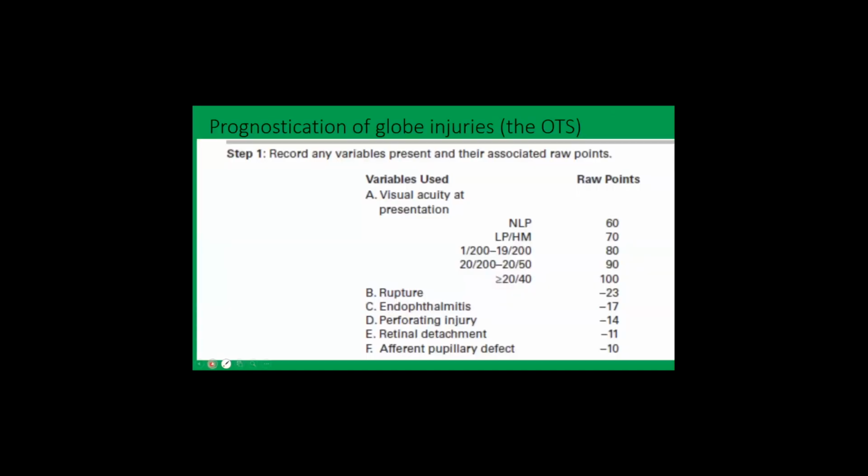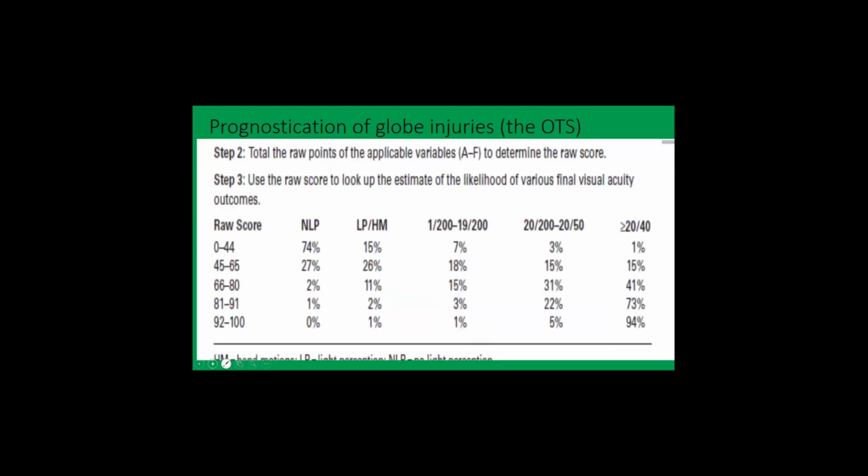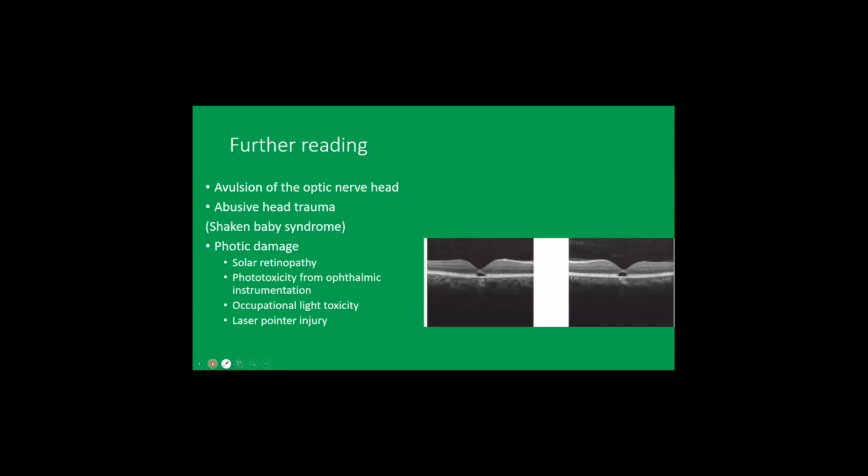There's a need for us to prognosticate when patients with globe injury present to us. And one of the key factors that determines prognosis is the presenting visual acuity. There's the ocular trauma score that we use in determining the prognosis for vision.